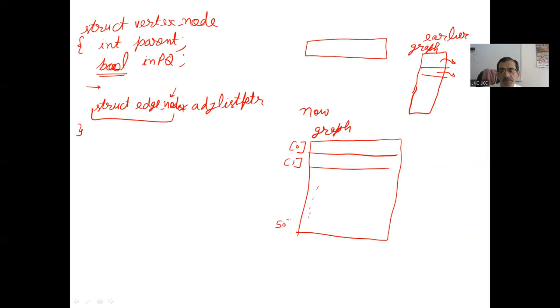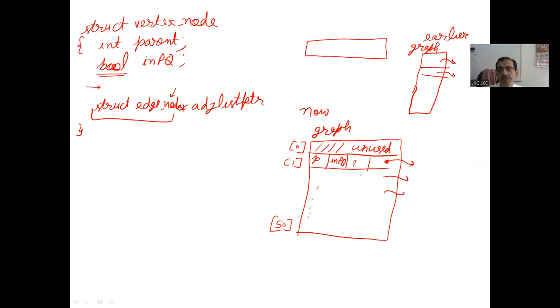Let's say up to 50. So 0 I will not use, so that we are simply using 1 to n, but each has an adjacency list. Along with the adjacency list, it has 3 other fields: the parent, the in PQ, and one more field.